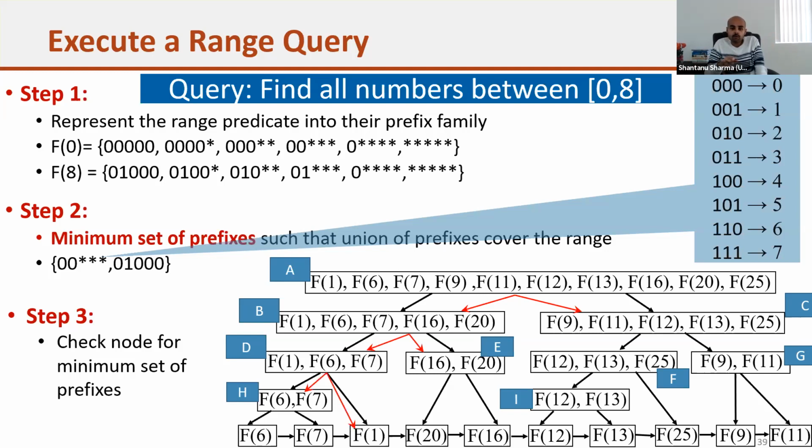Then it may go down to nodes D and E, and eventually it will find all the nodes that satisfy the range between 0 and 8. So I will get the values 1, 6, and 7, and I can give these to the user. But now you saw this entire operation in clear text. We need to see how we can securely outsource this index structure so that the cloud will never know what the values are.